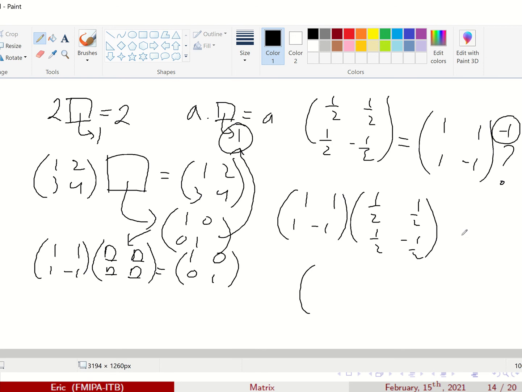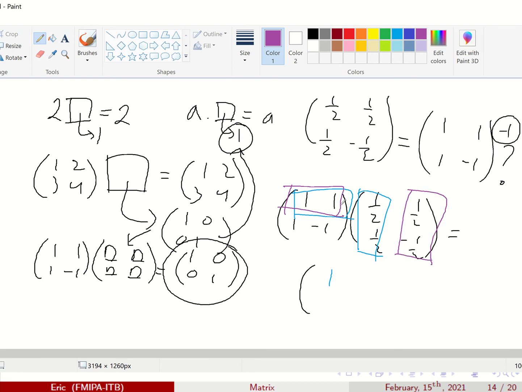Let's see. If this is the inverse of this, when you multiply, it will become the identity. Don't forget to multiply this. A half plus a half is 1. A half minus a half is 0. And you can try the other ones, 0 and 1.